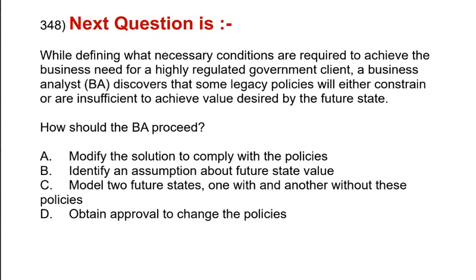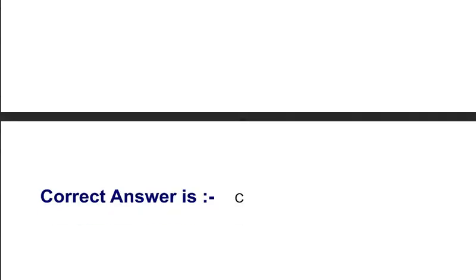Option A, modify the solution to comply with the policies. Option B, identify an assumption about future state value. Option C, model two future states, one with and another without these policies. Option D, obtain approval to change the policies. Correct answer is option C.